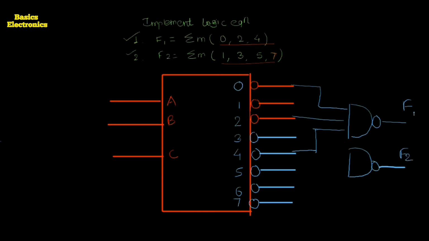Here it is F1. For the second gate, we connect the first line, then the third line, the 5 number, and the 7 number. Okay, so this is the implementation of the given logical equations by using the demultiplexer.